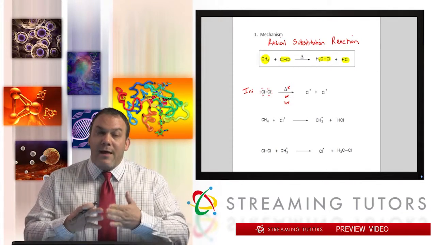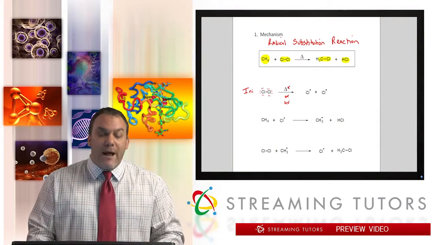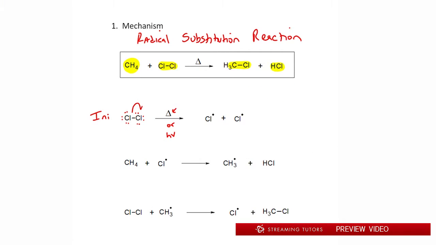Either way, we're going to allow this Cl2 to break apart and become radicals. Remember, the way we illustrate radicals is by a fish hook arrow. I can do it like that, one up, one down, going towards the halogen, and now I have 2 radicals. Once you go through initiation, these radicals are bouncing around in space, and the reaction actually begins.